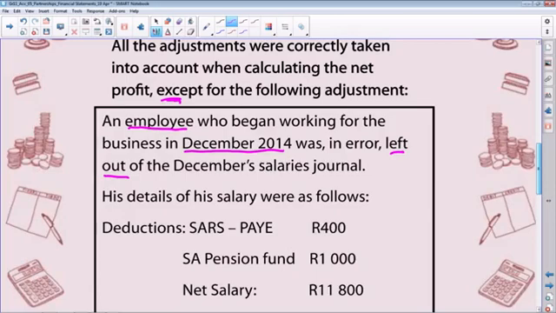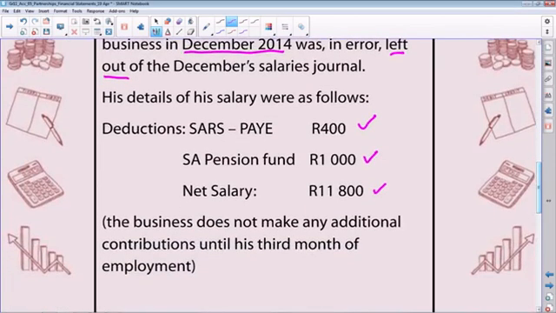Deductions: SARS PAYE was 400 Rand, SA Pension Fund an amount of 1,000 Rand, and his net salary 11,800. The business does not make any additional contributions until the 3rd month of employment, so we don't have to worry about additional contributions.